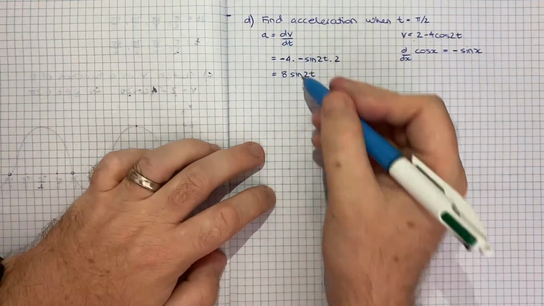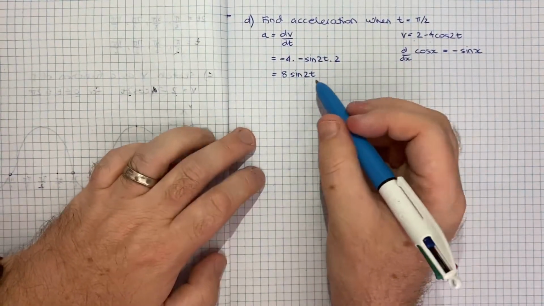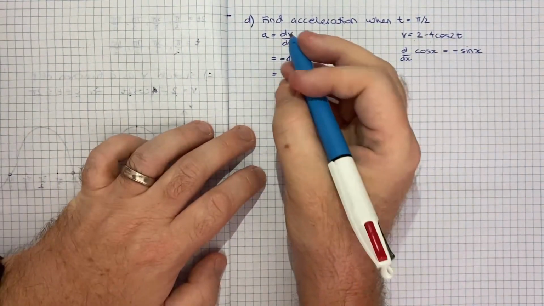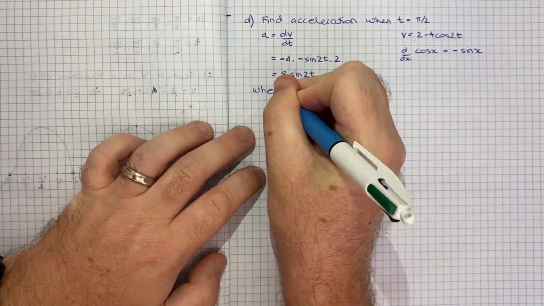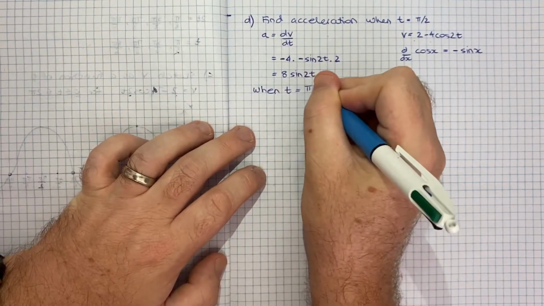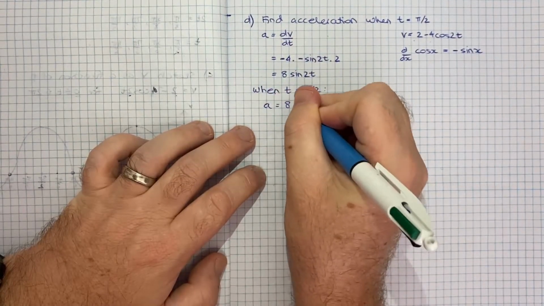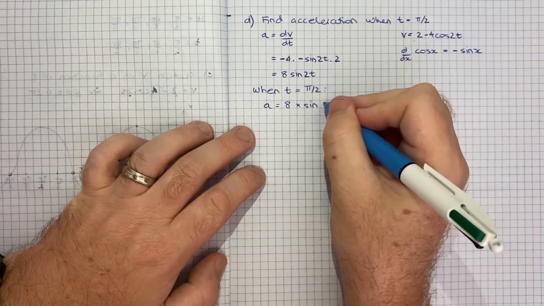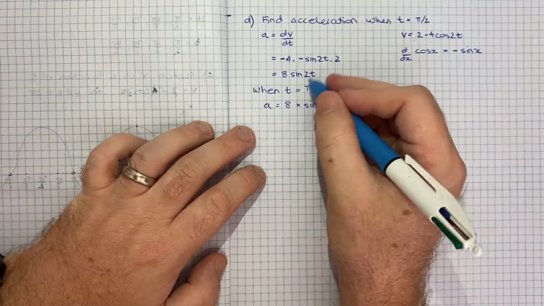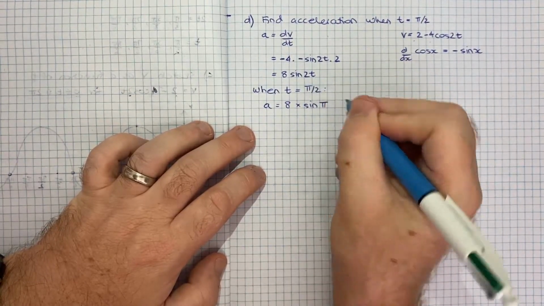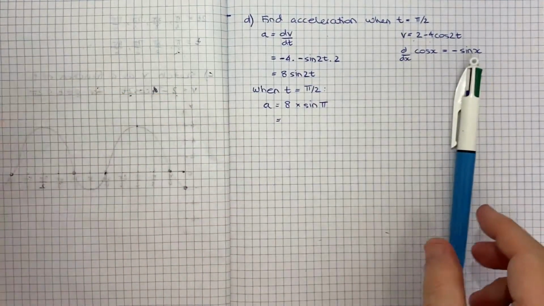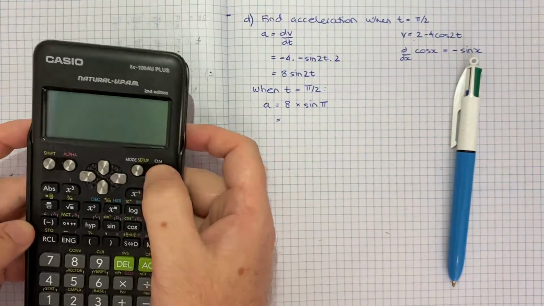And that's the hard work done, really, because now we just plug in pi on 2. So when t is equal to pi on 2, our acceleration is equal to 8 times sine 2 times pi on 2, we'll just leave pi. And if you want, you can just plug that into your calculator.